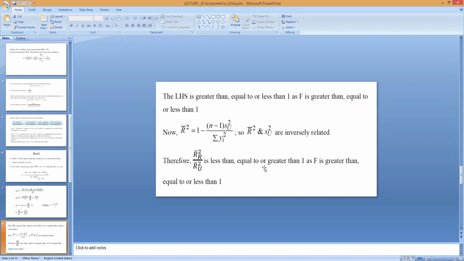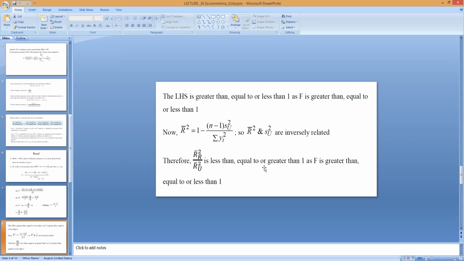Now we are replacing the ratio of A squares, bringing in the ratio of R bar square. So if I consider the ratio of R bar squares, in the numerator we keep restricted R bar square, and in the denominator we keep unrestricted R bar square.